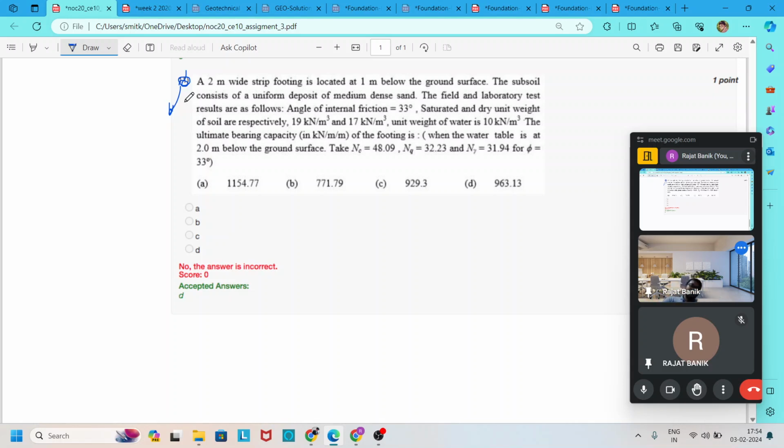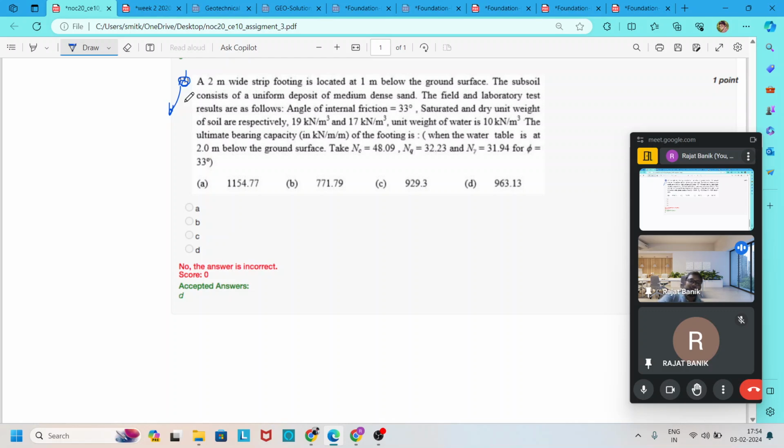To find out the ultimate bearing capacity when the water table is present below the foundation level, at a depth which is less than the width of the foundation from the foundation level.